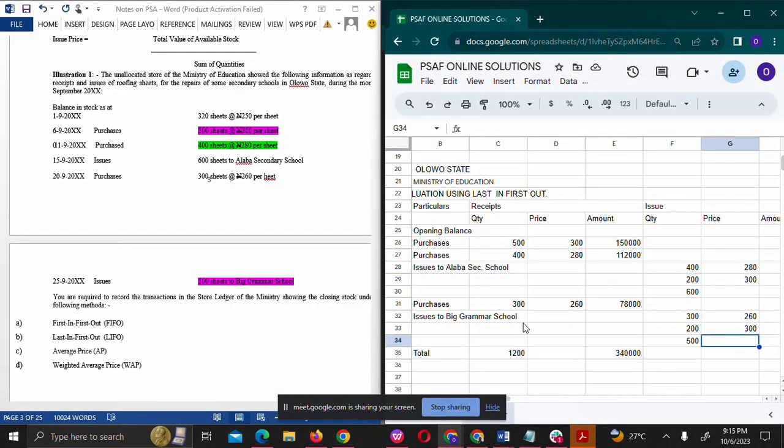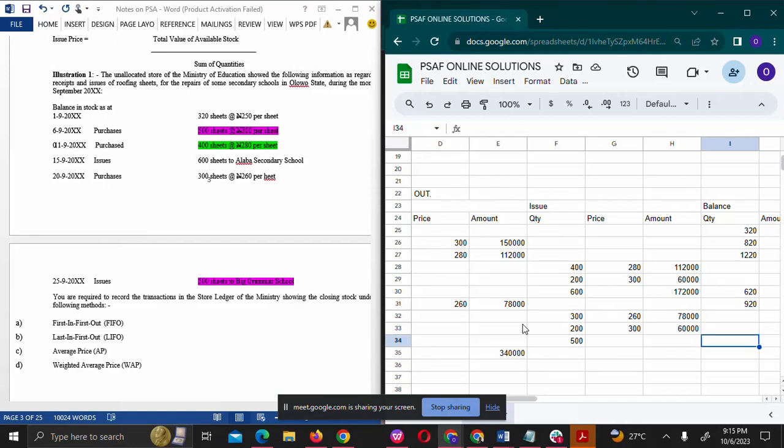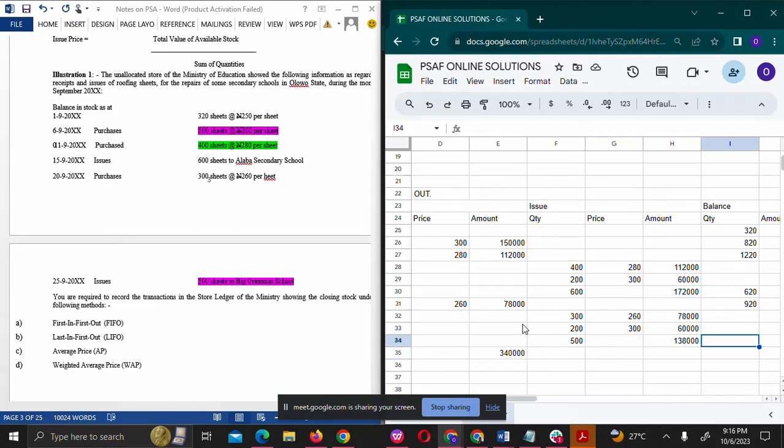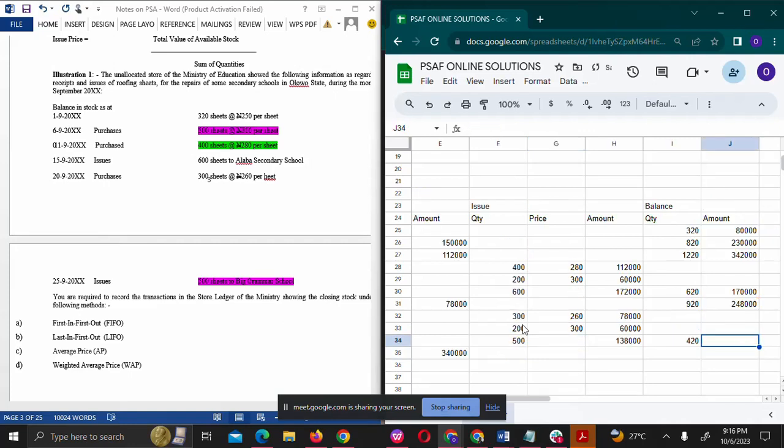Right. So here you have. So it means here you have the balance of 920 minus 500. Here you have this minus, right?